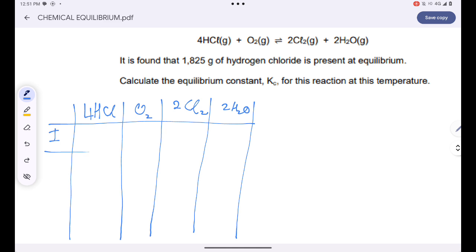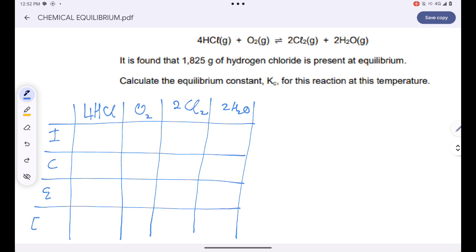This is my initial number of moles, the change in my number of moles, the equilibrium moles, and then this is the equilibrium concentration. Remember that, guys, for us to calculate the equilibrium constant, we need to have the concentration of the products as well as the concentration of reactants at equilibrium.